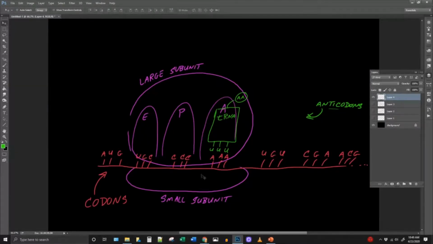And then after that, the whole message is going to move down 3 letters. New tRNAs enter through the A site.